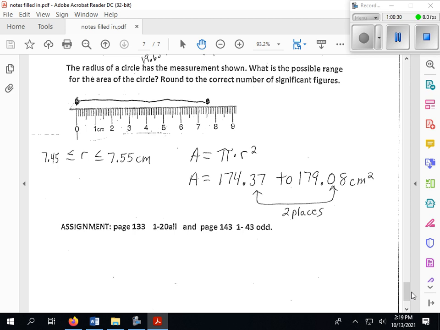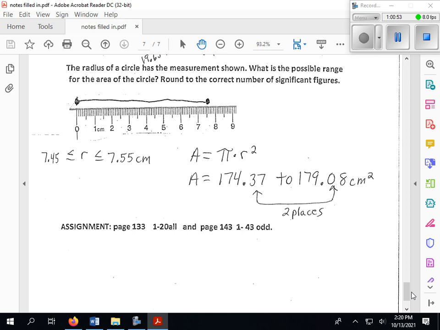The radius of a circle has a measurement shown. Somebody tell me, what is this measurement shown here? 7.5. Anybody else agree with that? Now, Lily said 7.5. Does that mean it's exactly 7.5? No. What could it be?